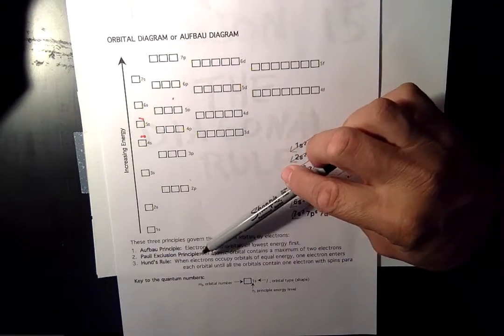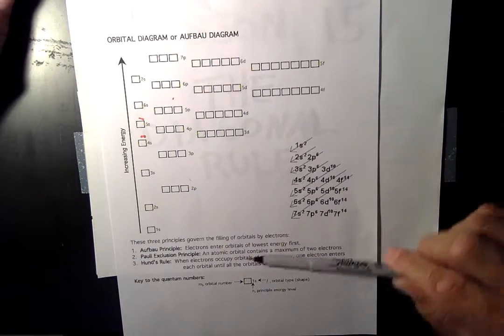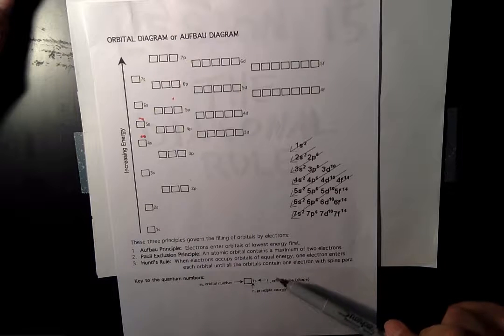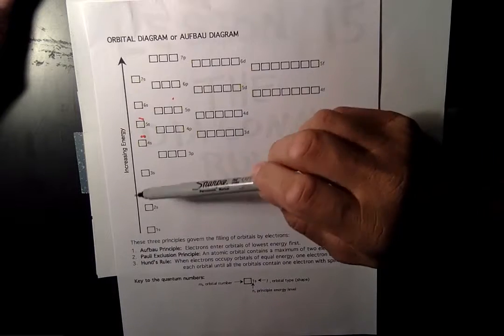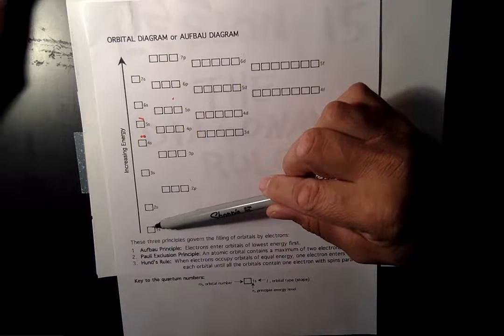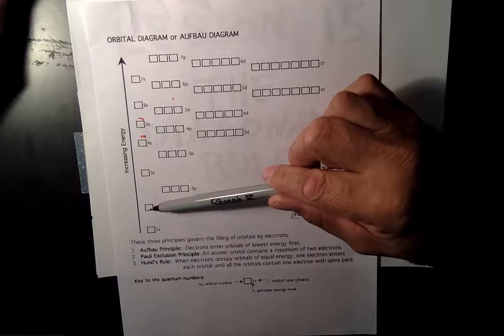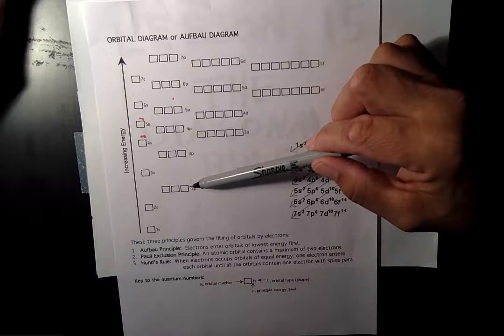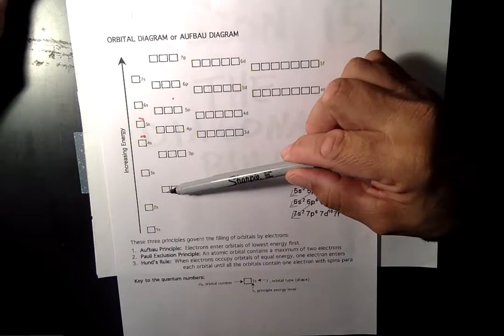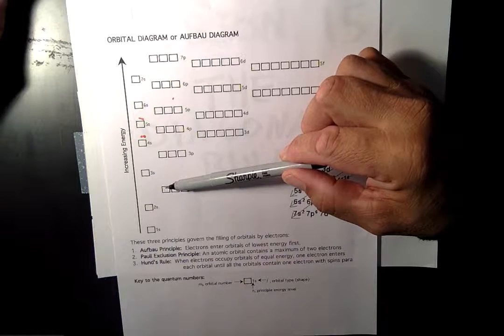And then the last rule is called Hund's rule. It says when electrons occupy orbitals of equal energy, 1 electron enters each orbital until all the orbitals contain 1 electron with spins parallel, which means spin in the same direction. So in other words, we put 1 up here, there's no place else to go, so we put 1 down. Right here, the 2s, we put 1 up and then 1 down. On the 2p, since there are 3 orbitals, we put all the spins first. So we'll go up, up, up, and then back down to the beginning.